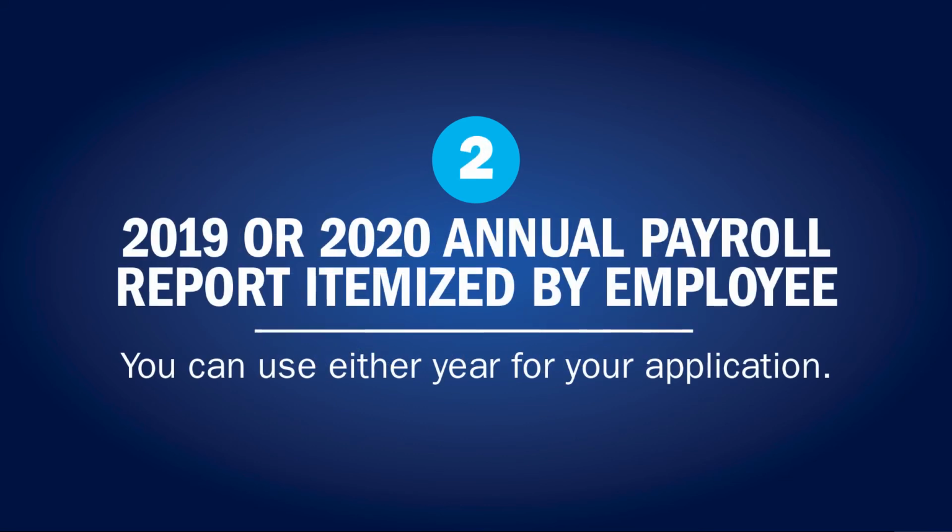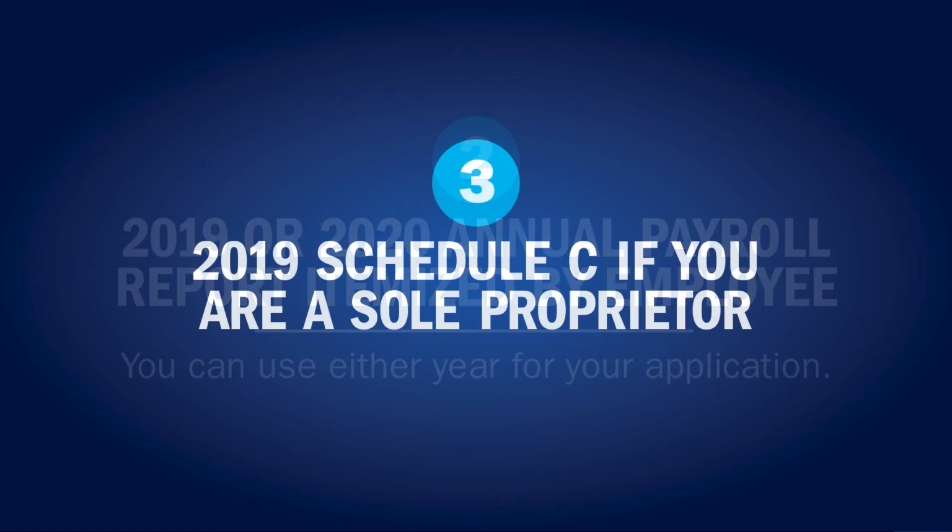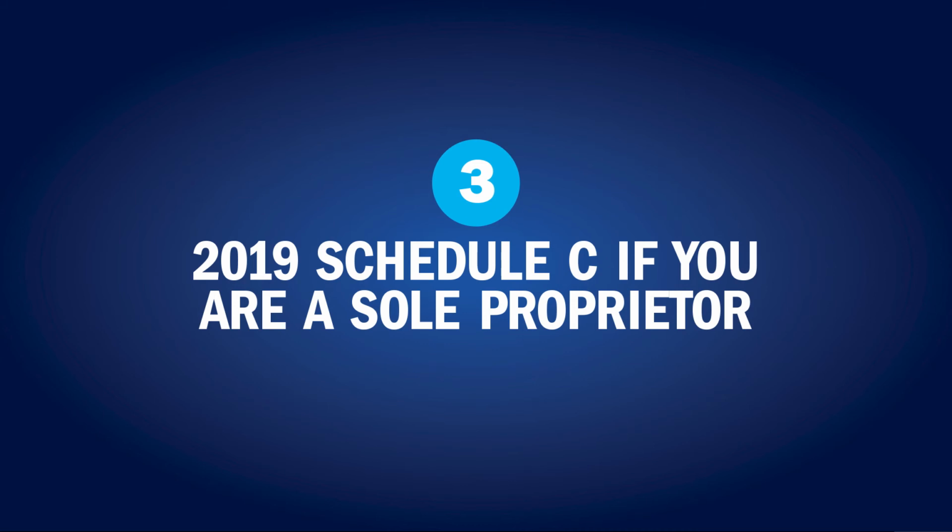Number two, your 2019 or 2020 annual payroll report itemized by employee, and you can use either year for your application. Number three, your 2019 Schedule C if you are a sole proprietor, and that Schedule C will also serve as your payroll report.